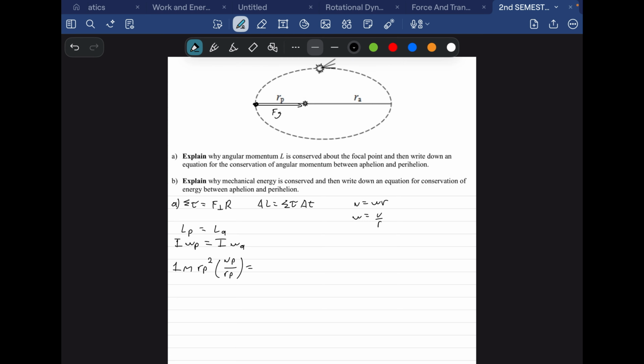And then the same thing for apogee, the distance R apogee away. And then mass cancels out. Then one of the R cancels out on both sides, which leaves you with this equation.